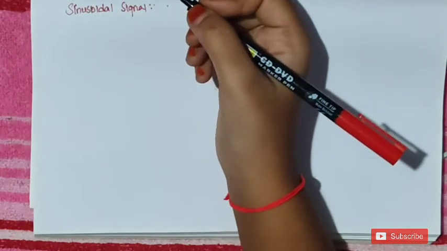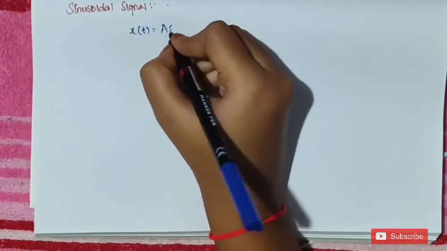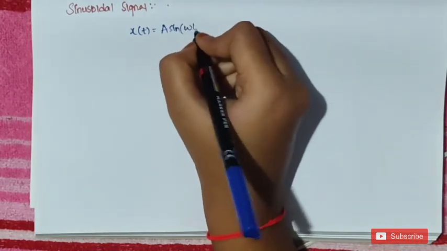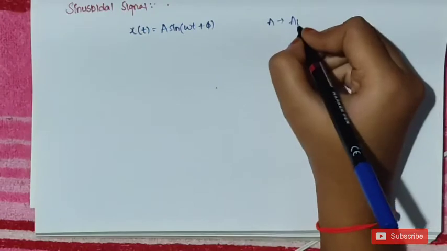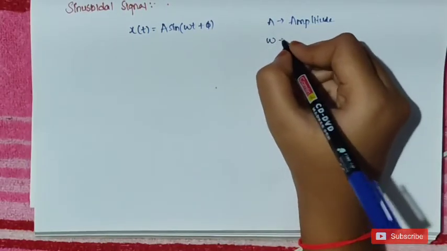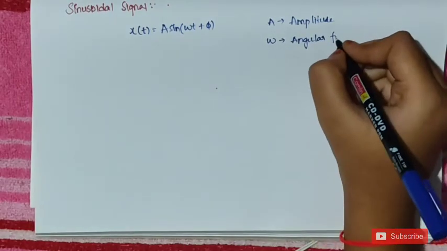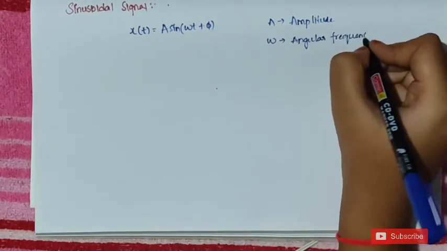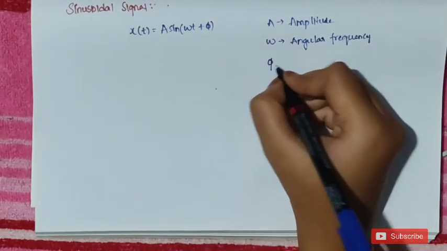The mathematical expression for the sinusoidal signal is x of t equals A sin of omega t plus phi, where A is the amplitude, omega is the angular frequency, and phi is the phase angle.